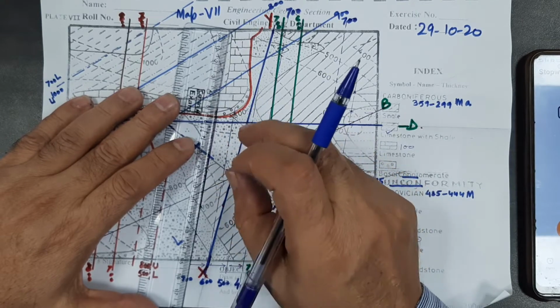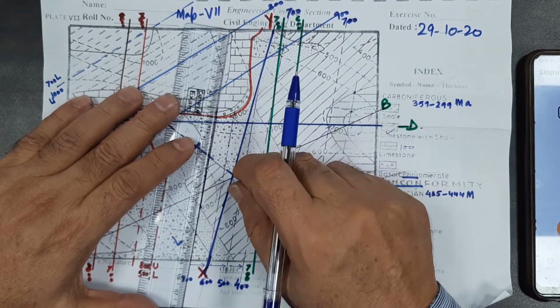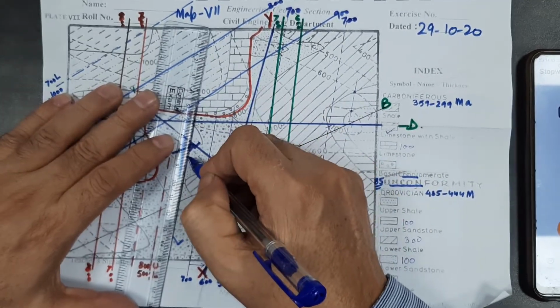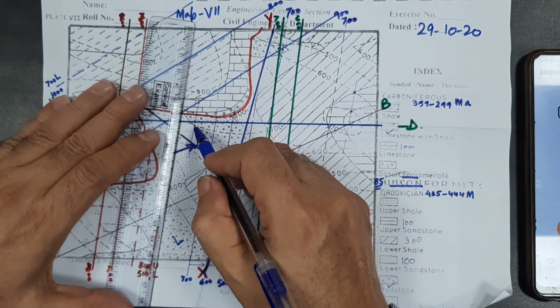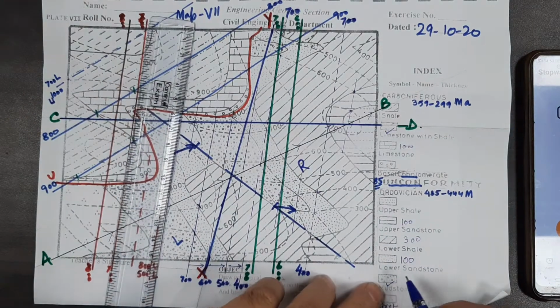Up to 800 we have got the strike line, but this one is projected, and then we should have a strike line of 1000 meters here. The 1000 meter strike line is joining with the 700 contour, so that means the thickness is 300 meters.